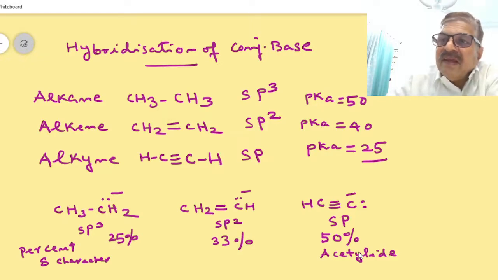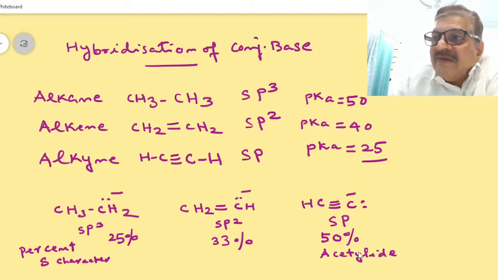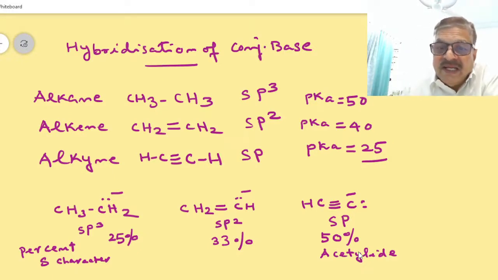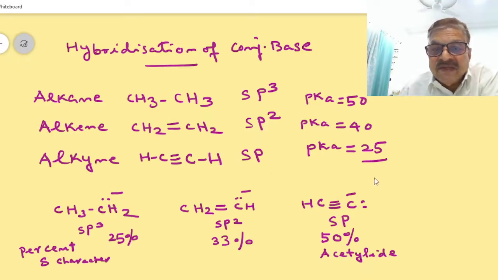Now here we can see the acetylide anion, the electrons in the sp orbital of an acetylide anion.